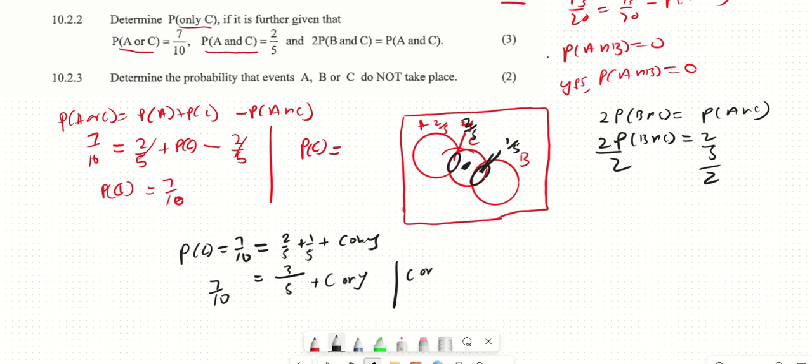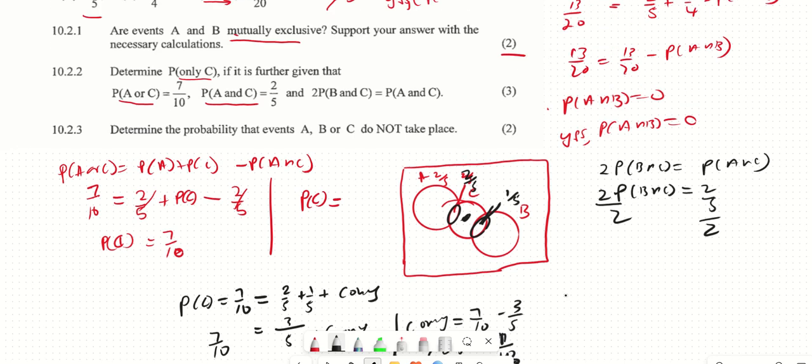Therefore, C only is 7 over 10 minus 3 over 5, which is 1 over 10.